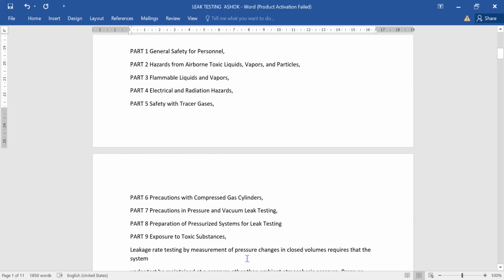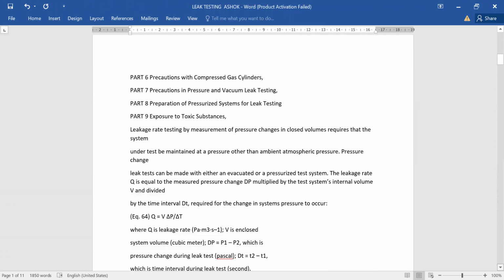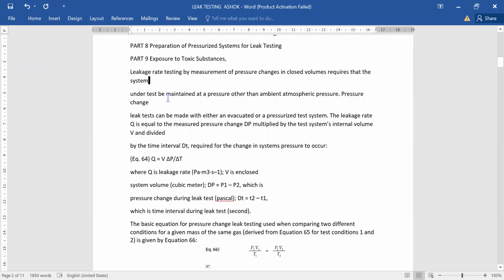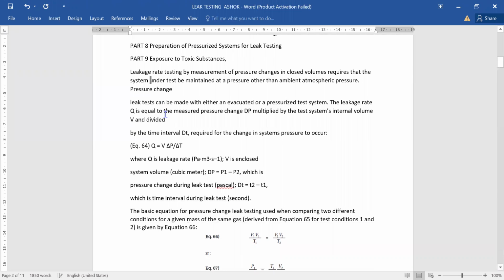Leakage rate testing by measurement of pressure change in closed volumes requires that the system under test be maintained at a pressure other than ambient atmospheric pressure.